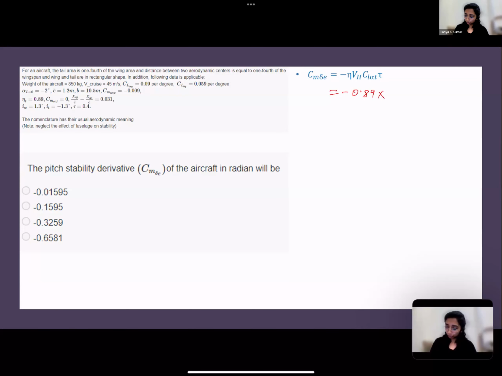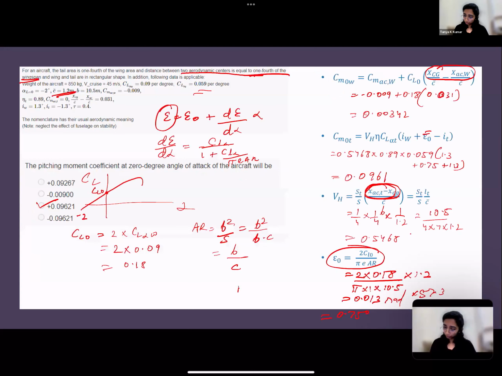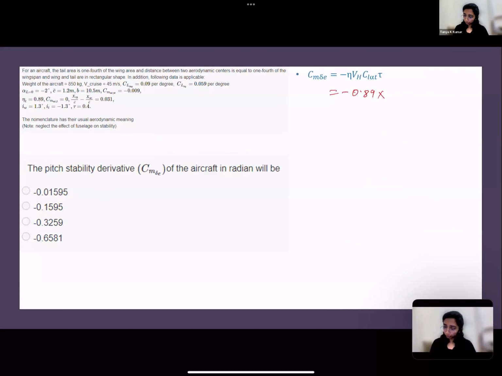VH we've found out to be 0.5, in per radians.